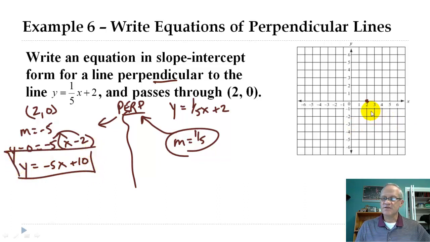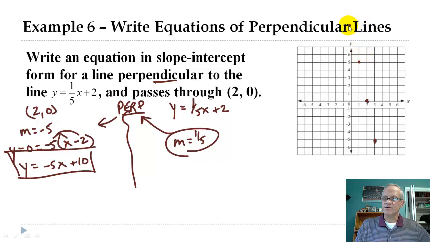And then just to see how this would look on the graph, remember this is our line here going through 2. Remember the slope is -5, so that means it would go down 1, 2, 3, 4, 5 and over 1. Or it would also go up 1, 2, 3, 4, 5 and over 1, and then again up 1, 2, 3, 4, 5 over 1.